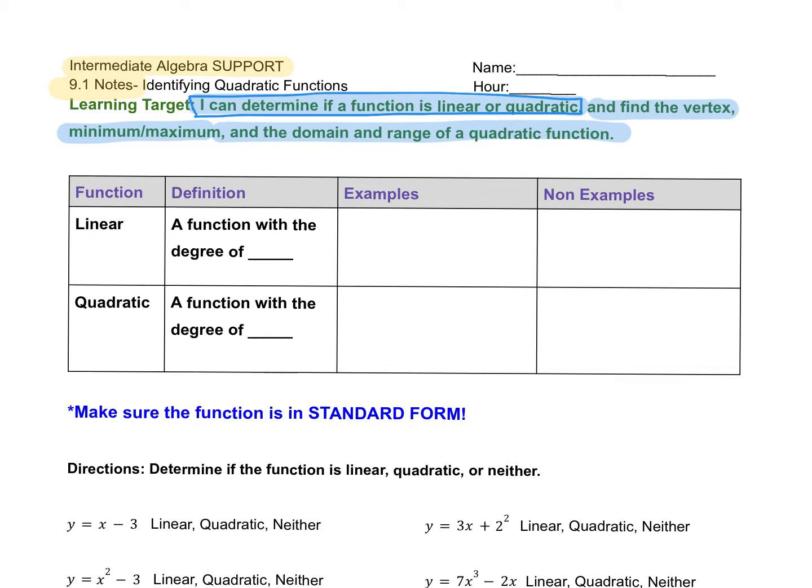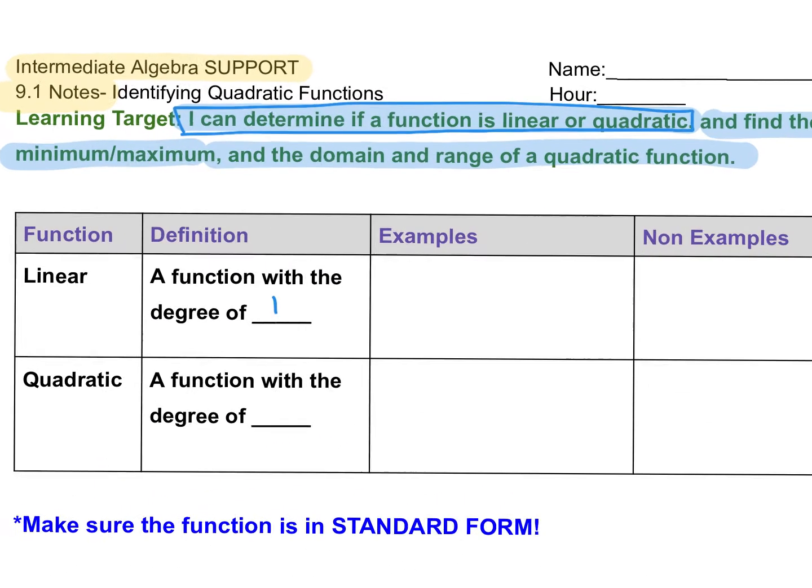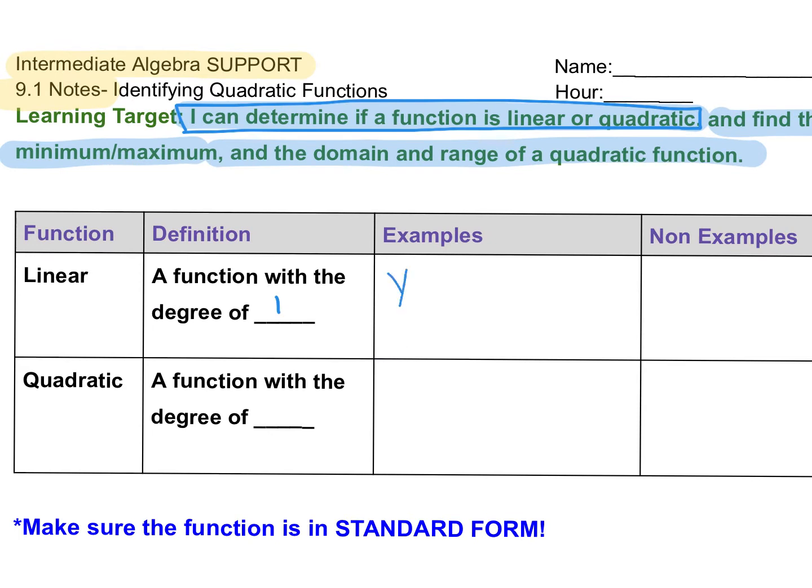Well, this goes back to naming a polynomial. A linear function is a function with a degree of 1. This means it's talking about our x. If I have a linear function, an example would be y equals x. Now we know that there is an invisible 1 in the power of that x, but we don't have to write it.